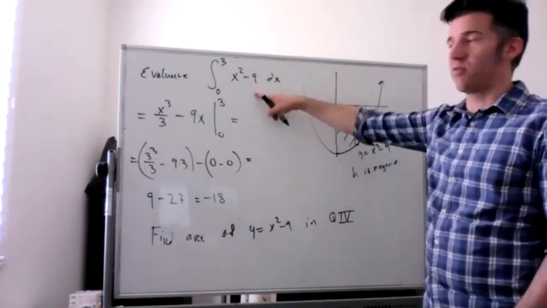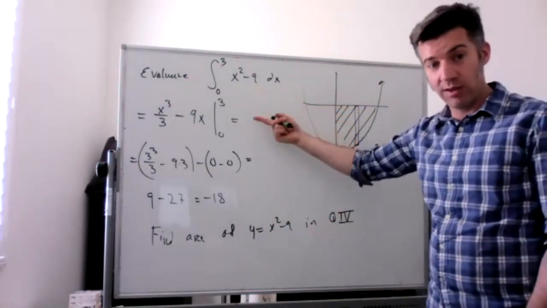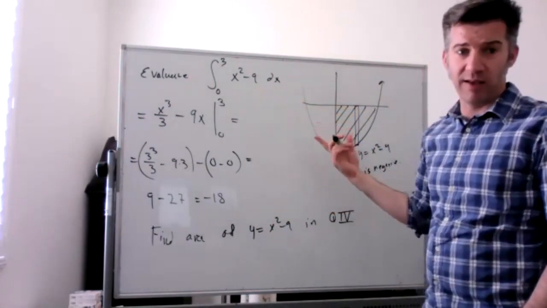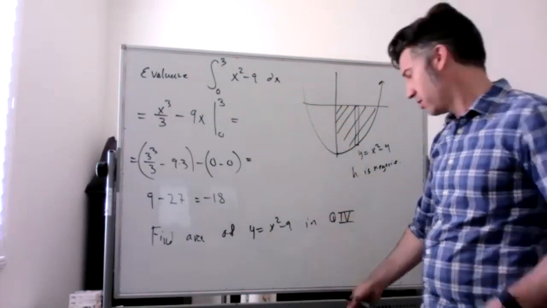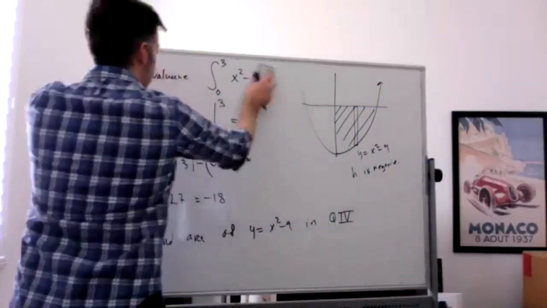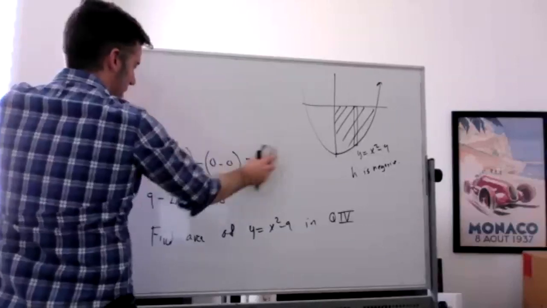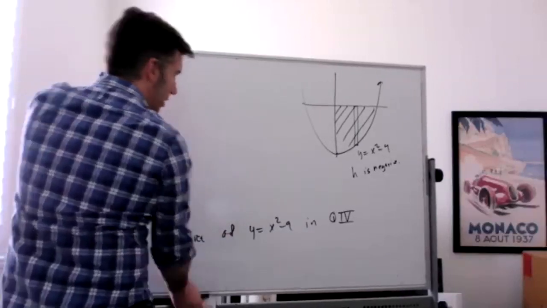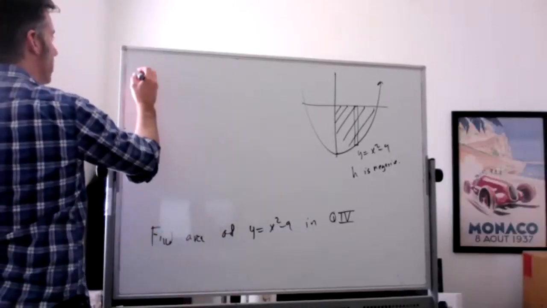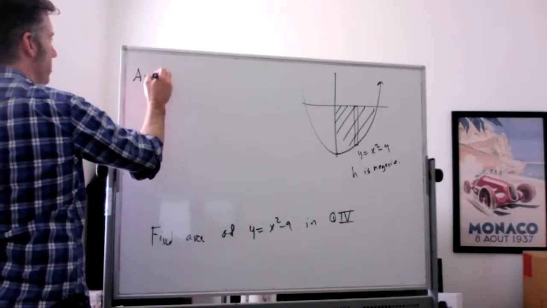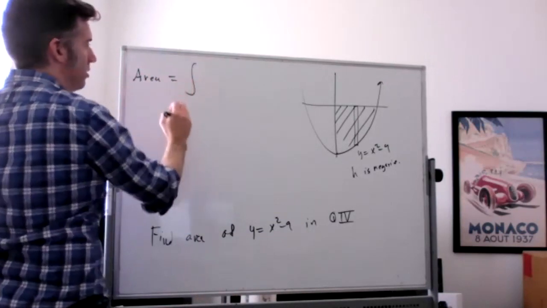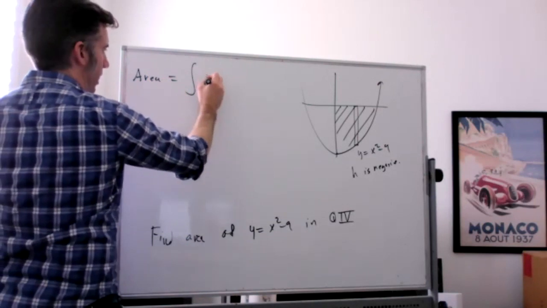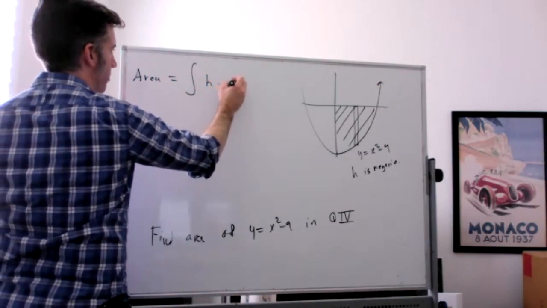Well, if you did this integral, that's actually not the right way to do it. You could just say, well, I know it's going to be that thing, just make it positive, which would totally be correct. But the right way to do this, if you want to find area and not just evaluate the integral, is to say, okay, well, the area is the integral of height times width.